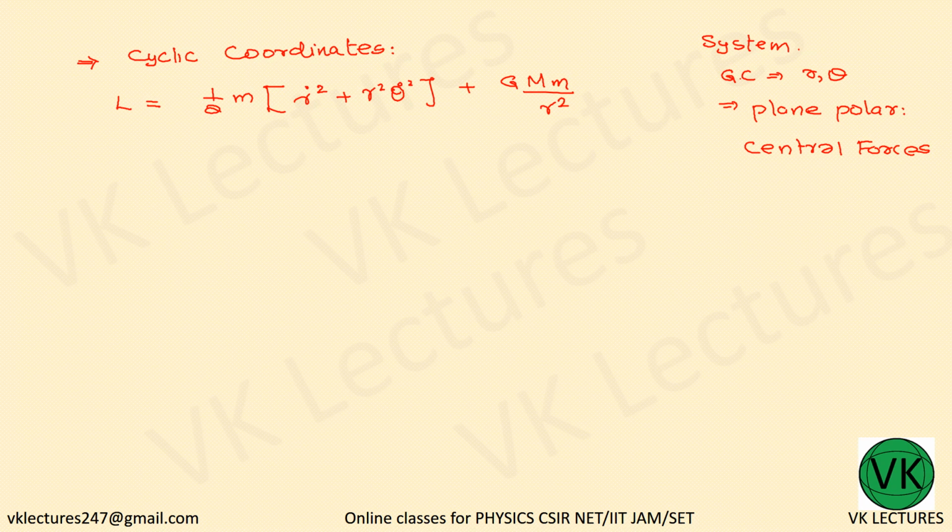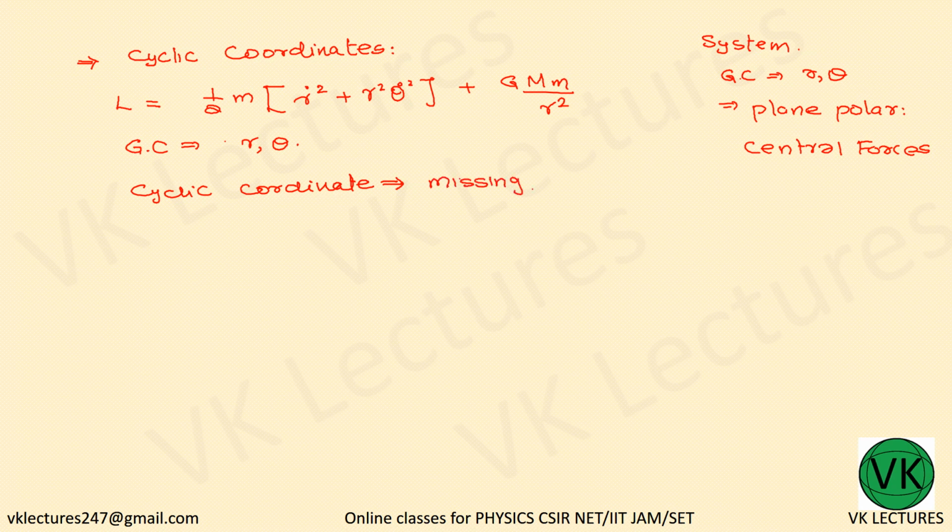So L is given, and the generalized coordinates are r and theta. Now, what is a cyclic coordinate? A cyclic coordinate is one which is missing.